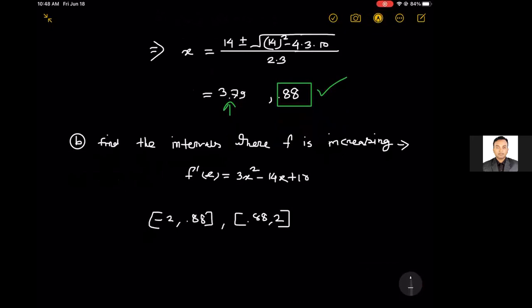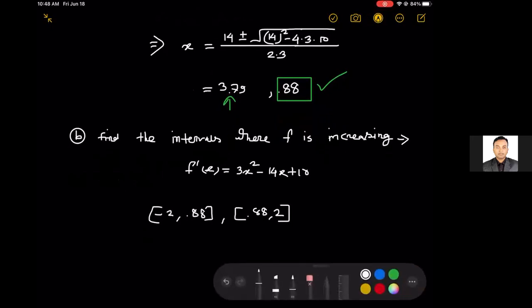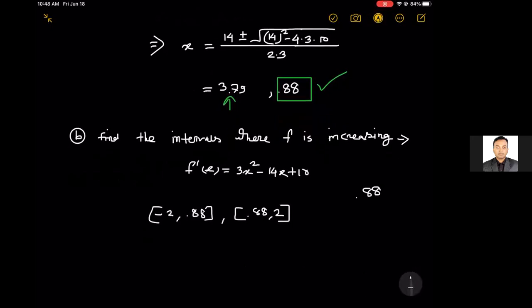So our critical point is 0.88 and our interval is from -2 to 2. We'll start from the lowest point, which is -2, and end at the critical point. And then we'll start from that point and go to the other endpoint.